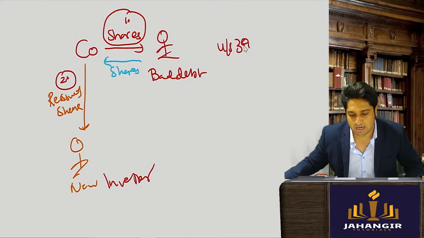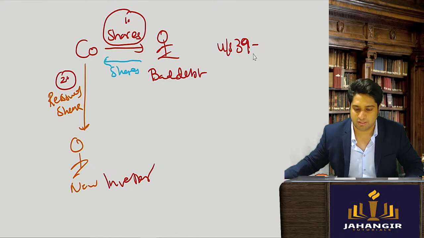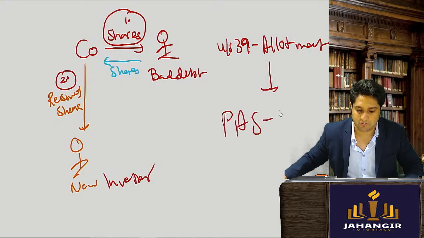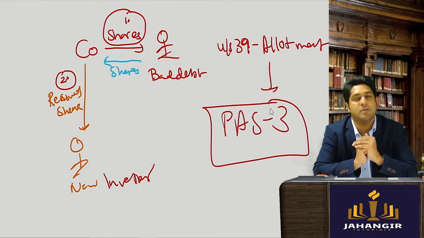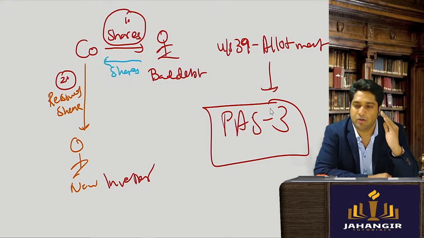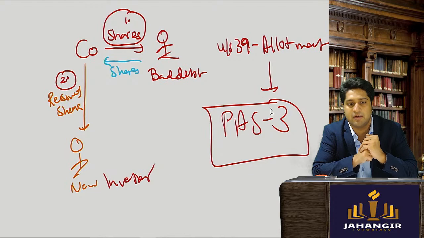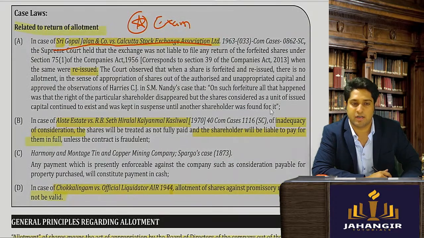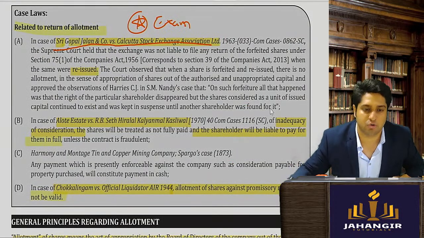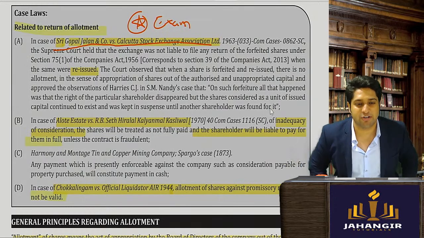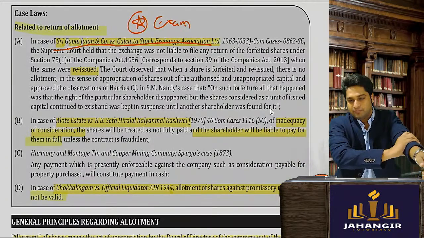Because whenever there is an allotment under section 39, the company has to file PAS 3. PAS 3 has to be filed, which is called a return of allotment, where the details of the allotment, to whom you have issued for the first time, will be there. So can reissue of shares be considered as allotment of securities? Yes or no? Quickly, I'm going to read your answers. So please put it up.